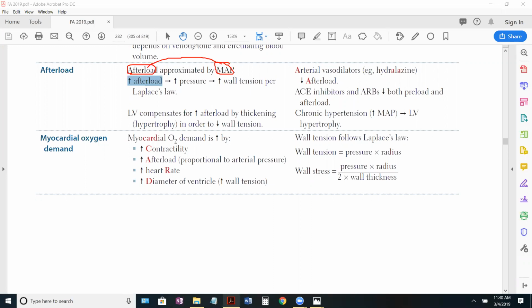Another very important example: if I open up all the arterioles and we vasodilate, remember the afterload decreases and the mean arterial pressure of the system decreases. If you think that I don't know about this situation, then remember sepsis. In sepsis, you have so low an afterload that the mean arterial pressure falls; hypotension is the hallmark of septic shock. Why?